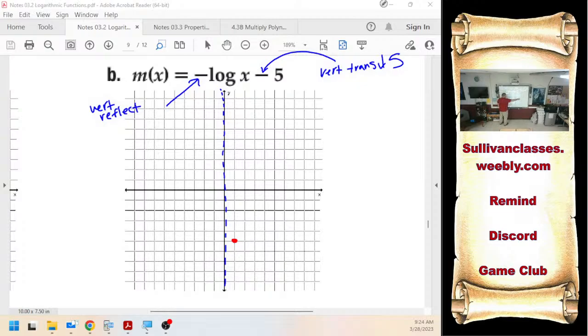And then the powers of 10 that I normally use, I'm going to reflect them. So 10 to the first, 10 to the negative first. I move that initial point down 5, reflect it. Oh, and it's base 10 because common log. So I'll use powers of 10.